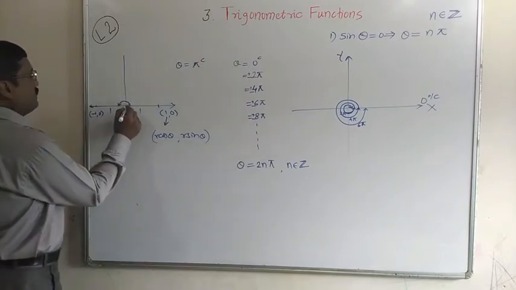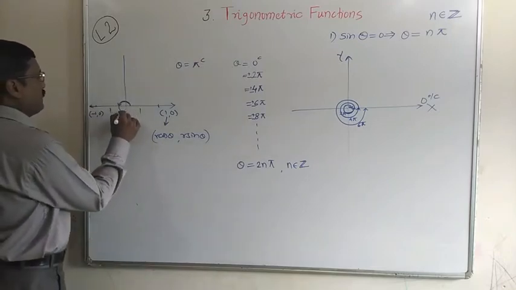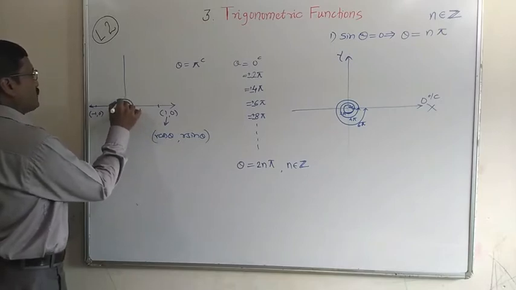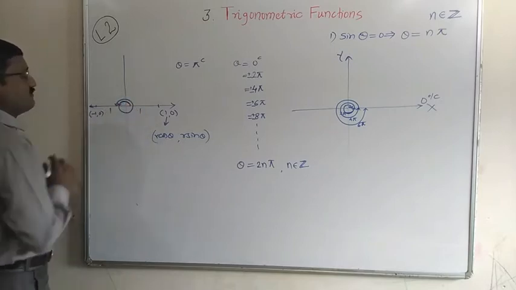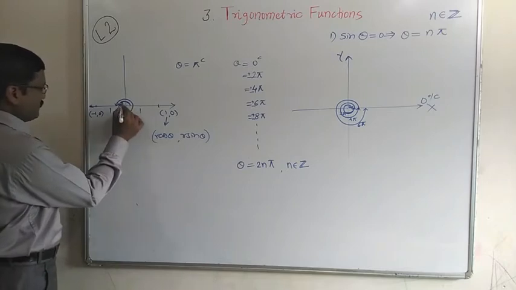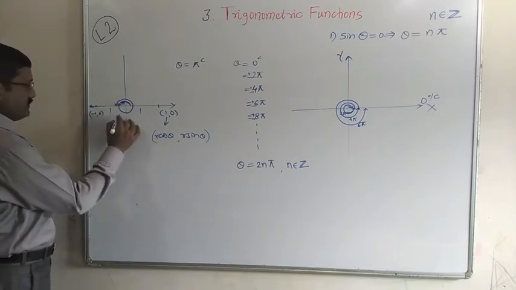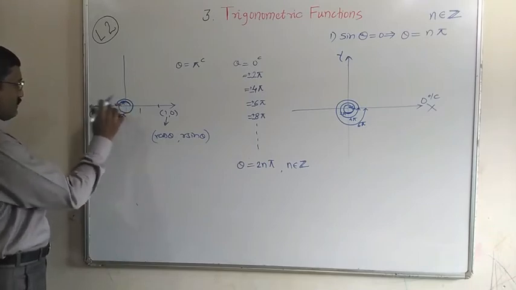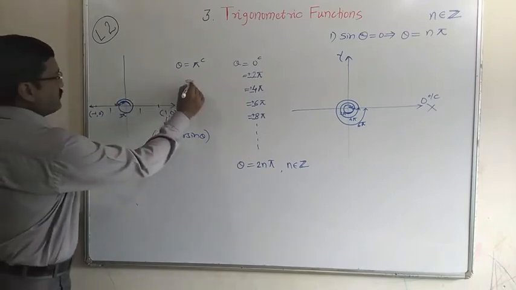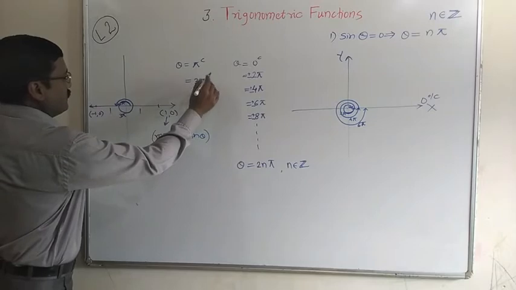In the same way, if we complete one circle and then once again we reach up to the negative x-axis, then one circle gives us 2 pi plus pi, that is 3 pi. So sin 3 pi is also equal to 0.